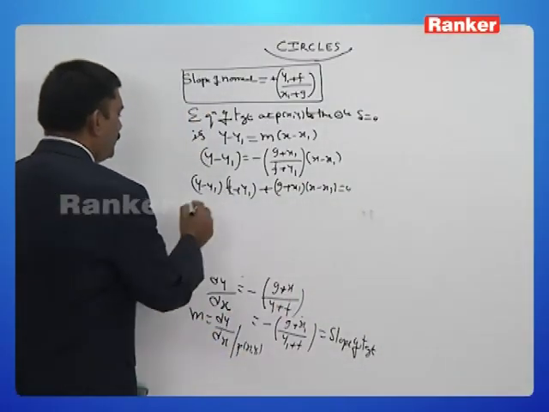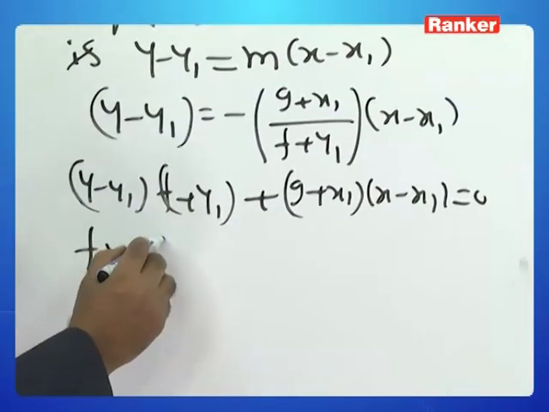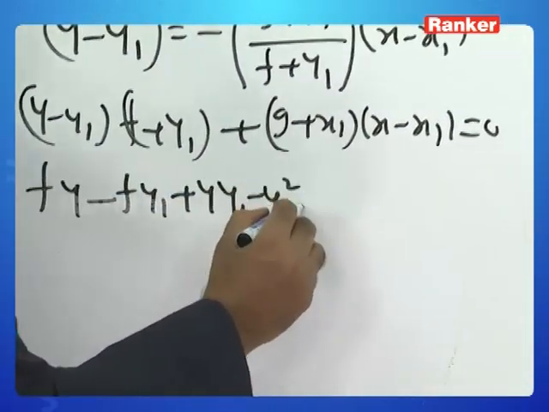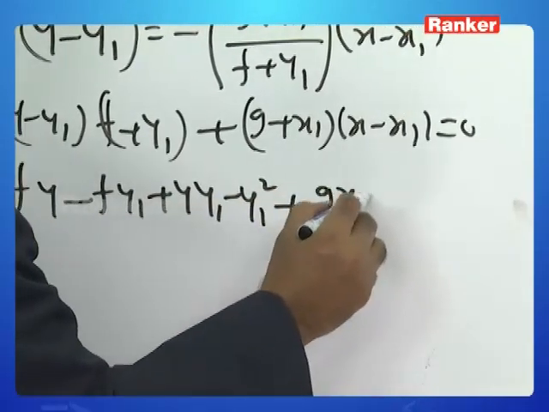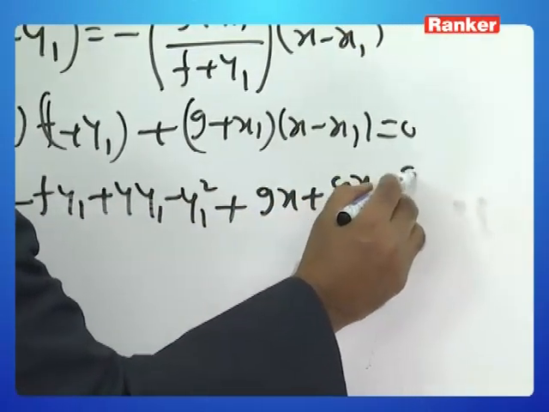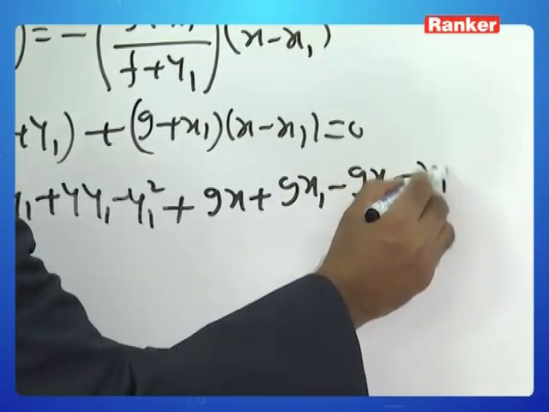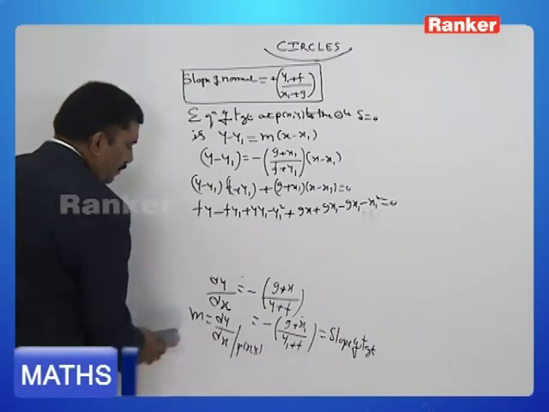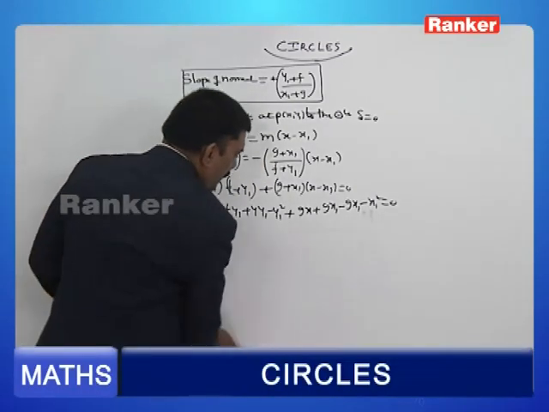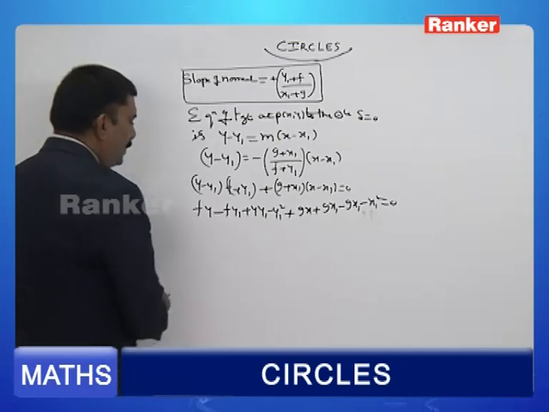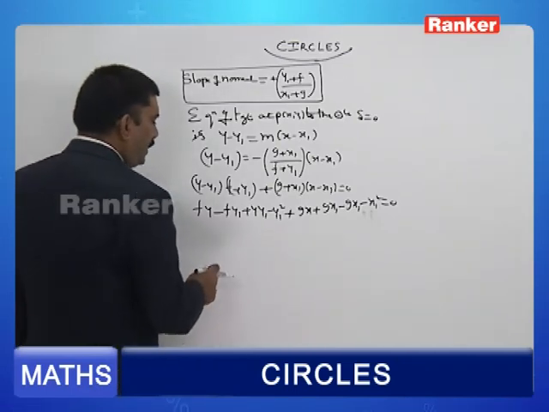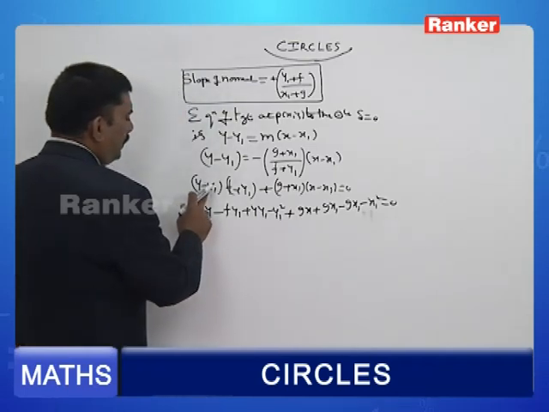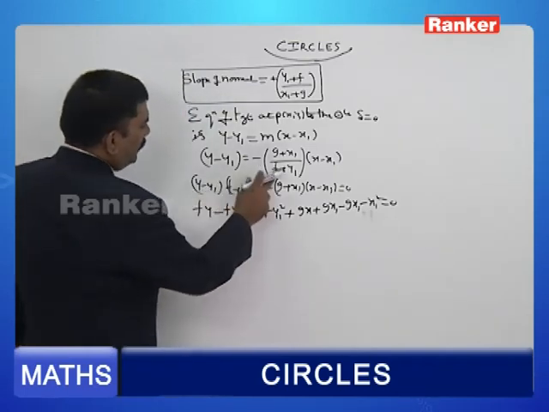So therefore after simplification, fy minus fy1, next yy1 minus y1 square, next gx minus gx1, minus x1 square is equal to 0. Transfer the terms which have minus signs to the RHS, so they become positive signs. So therefore now coming to y1 minus y1 f plus, that is f plus y1.